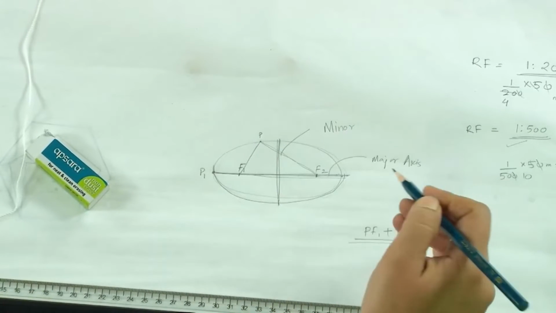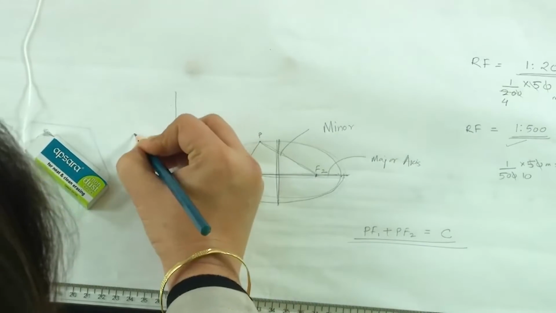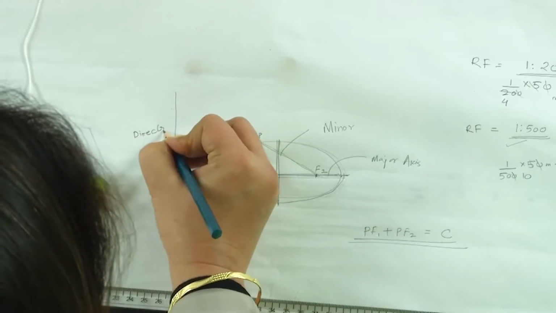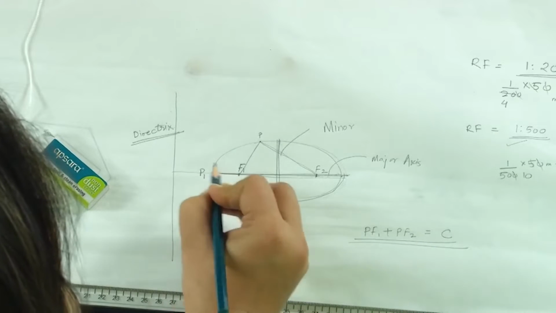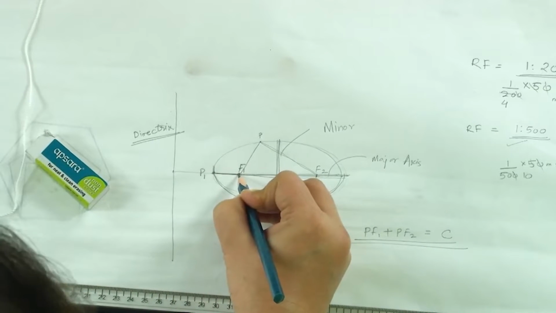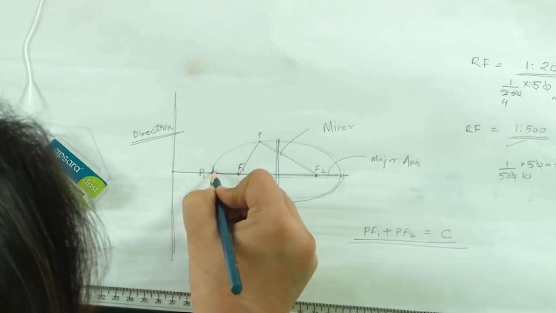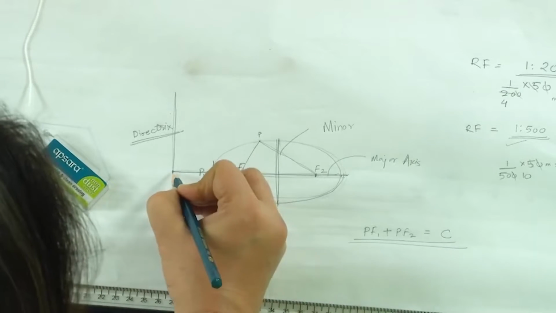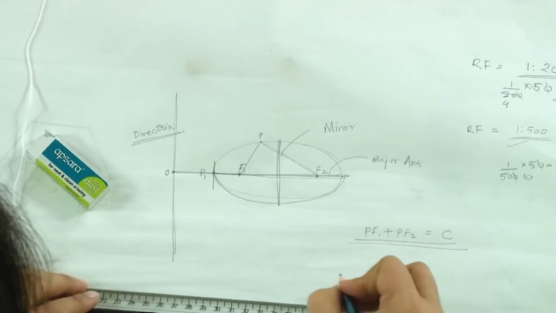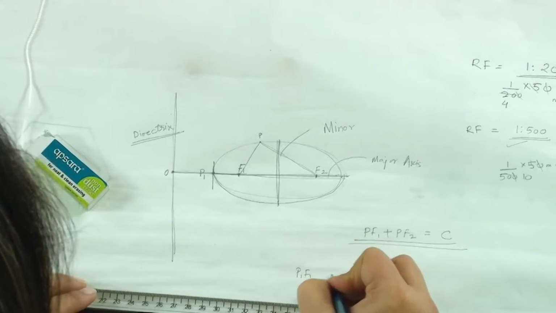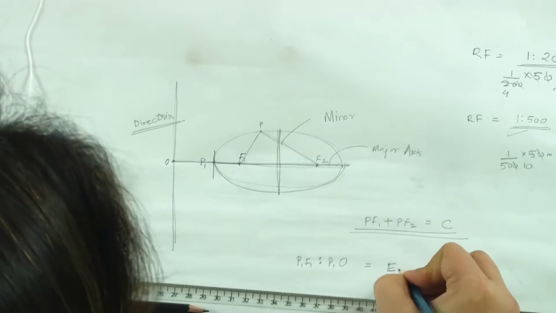One more thing which we would need to know when we are drawing this ellipse is a directrix. This line is called the directrix, and the distance of the nearer focal point from this directrix, and the ratio of this distance from the directrix, for example this is O, so the ratio of P1F to P1O is called its eccentricity.